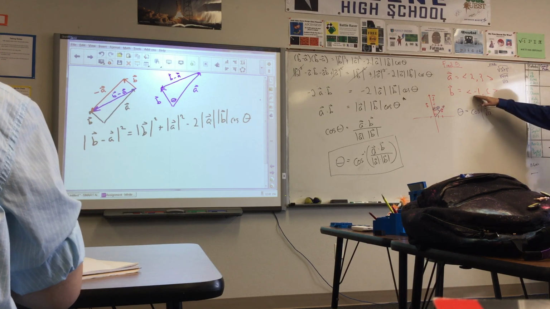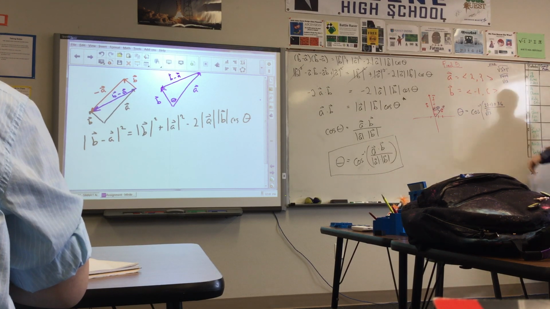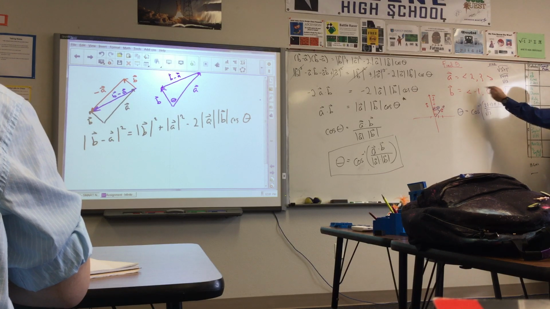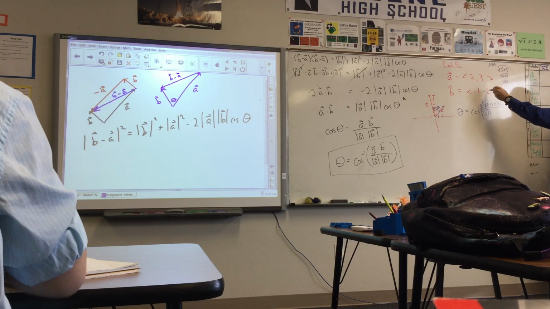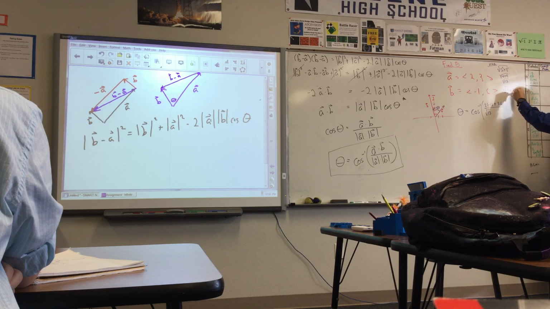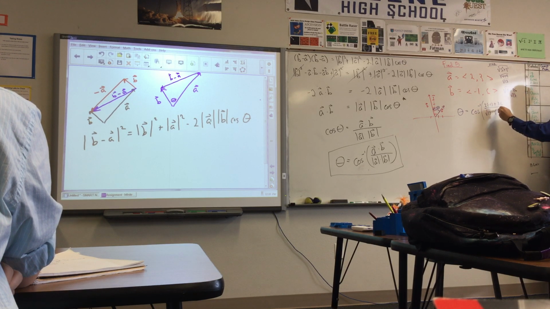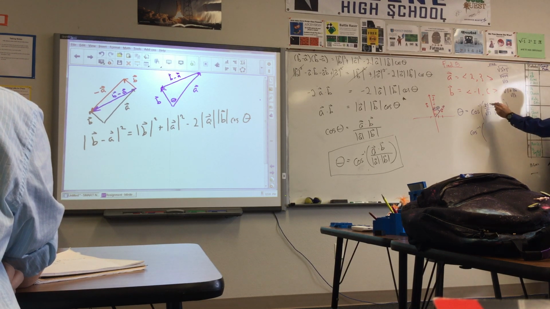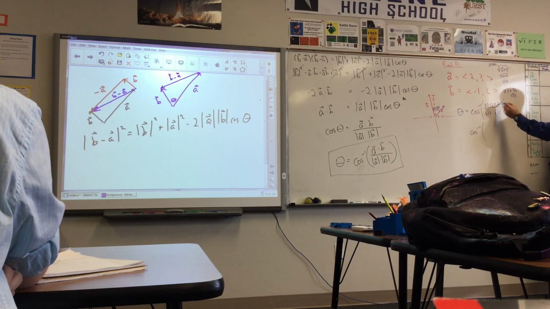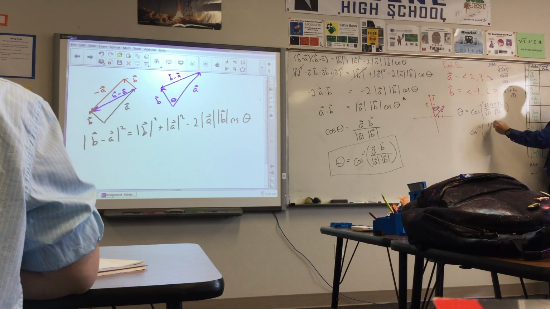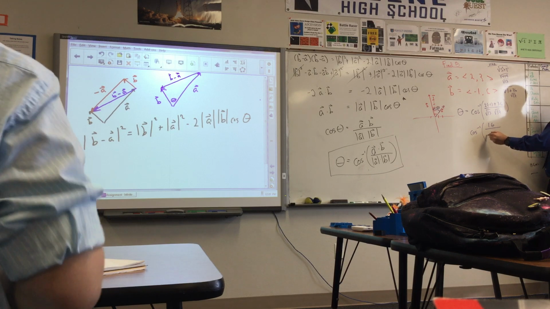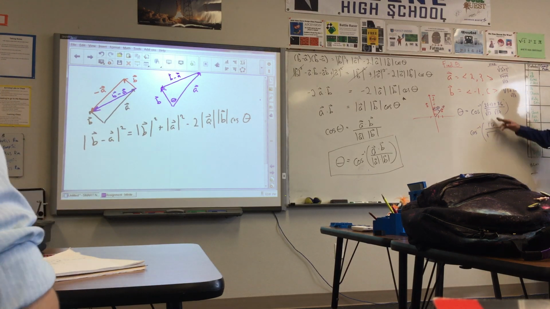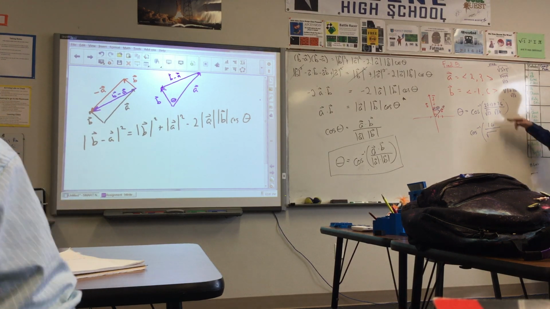How are we going to find the magnitude of vector B? Pythagorean theorem. So that's going to be square root of 1 squared, which is 1, plus 6 squared, so 36, so square root of 37. So we have inverse cosine of -2 plus 18, so 16, over square root of 13 times 37.